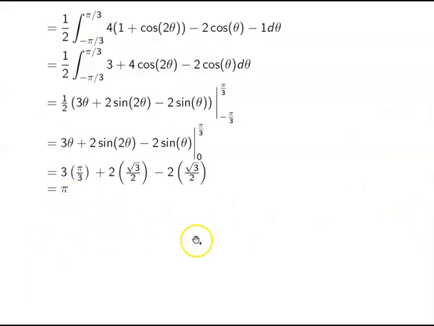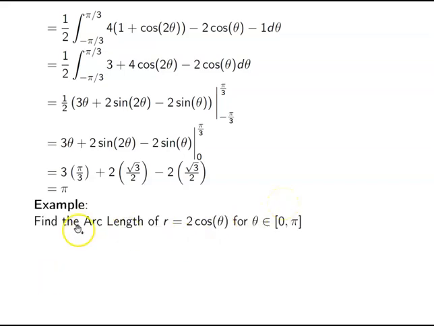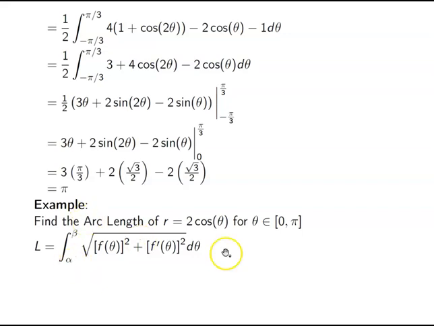Okay, and we're back. So next we have an example. Let's find the arc length of r equals 2 cosine theta for theta between 0 and pi. Okay, so here in order to find the arc length, we go from alpha to beta, which is 0 and pi. I'm going to take my function, square it, and add to that its derivative squared.